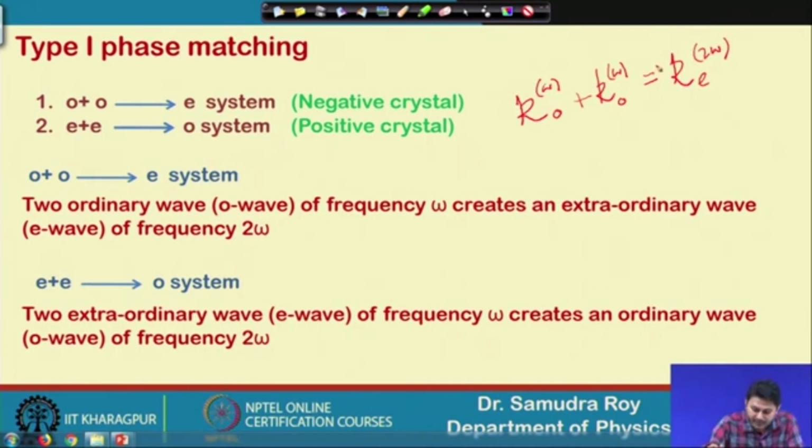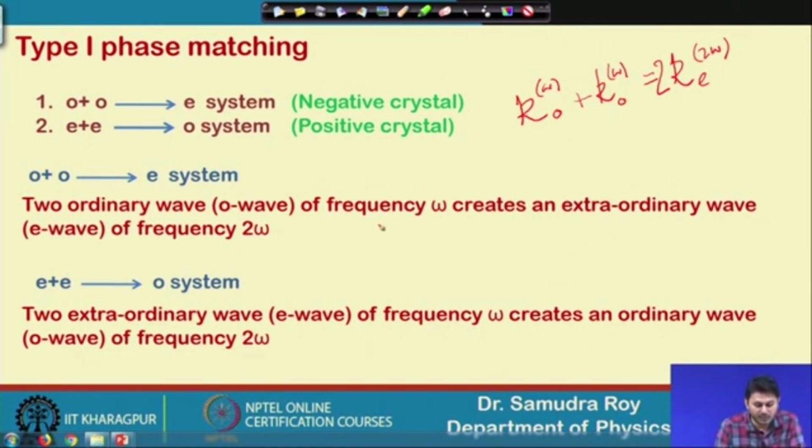So, in the k domain, this is the expression.